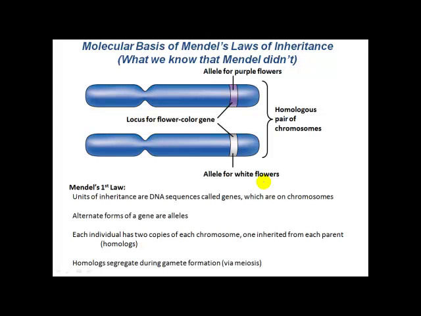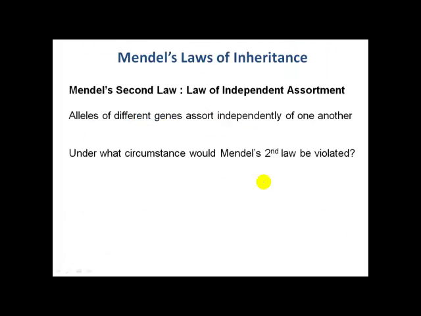And so we have to recognize that the outcome that he observed, and that very straightforward independent segregation he observed, was because all of the traits that he was investigating were on different chromosomes. And if traits are on the same chromosome, we would actually not, or possibly not, see independent assortment at all.